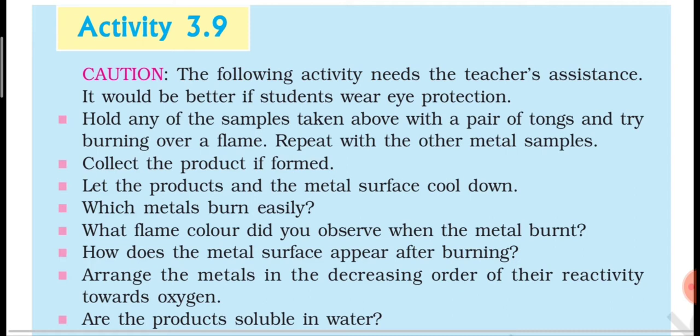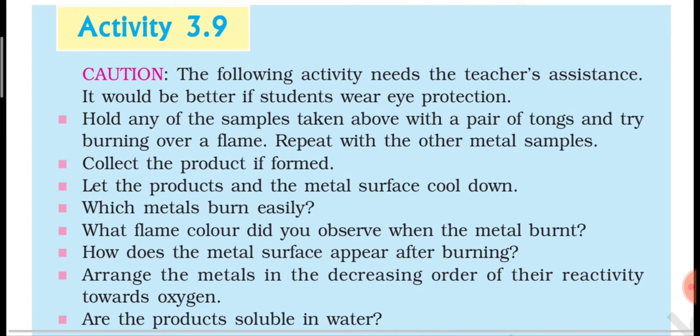Now when we try to dissolve these metal oxides in water, not all of them are going to dissolve. Most of the metal oxides will not dissolve in water. Only very few metal oxides will dissolve. For example, sodium oxide and potassium oxide are soluble in water. And when they dissolve in water, they produce their respective hydroxides.